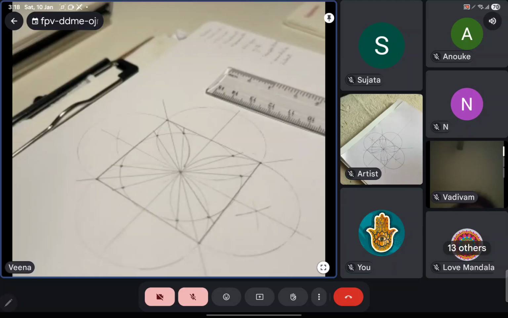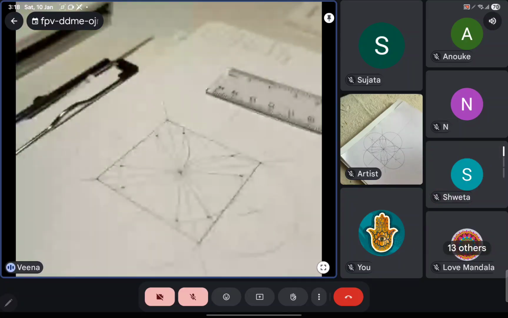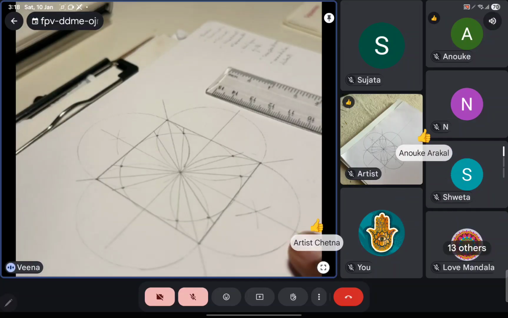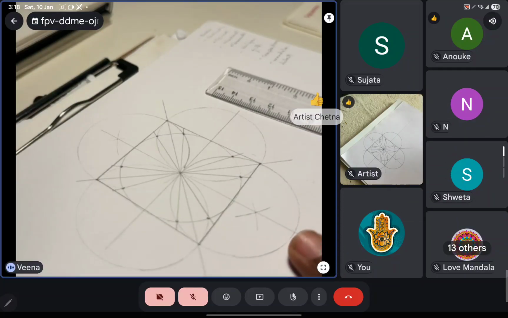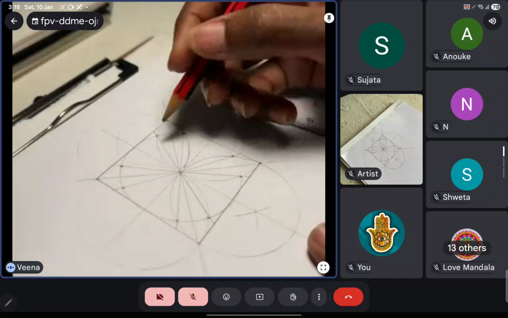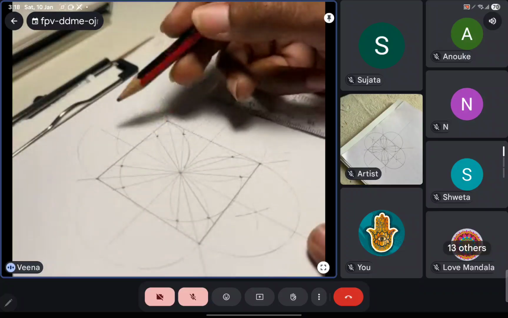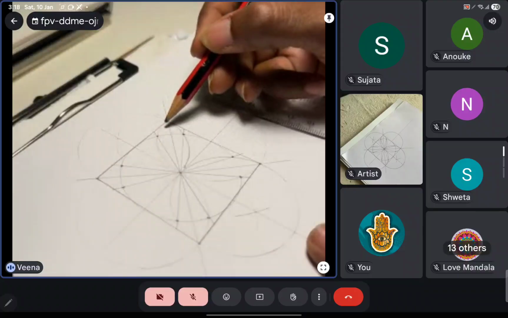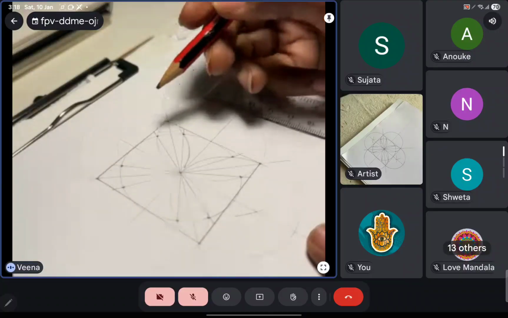Are we all good? So now there are so many patterns that can be generated from this, right? You make a few extra circles or a few extra lines, and then you only highlight the ones that are important.